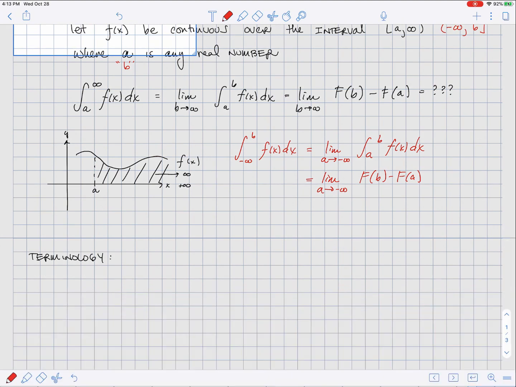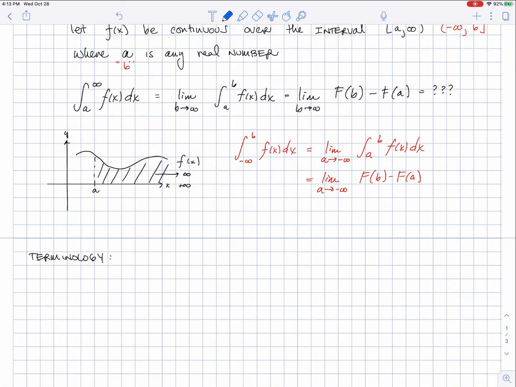And in an extreme case, we might do the integral from negative infinity to infinity of f of x dx. If f of x is continuous from negative infinity to infinity, then we can break up this integral anywhere we want. Typically we break it up at 0 and do negative infinity to 0 of f of x dx plus the integral from 0 to infinity of f of x dx, and then evaluate each one using the above techniques.